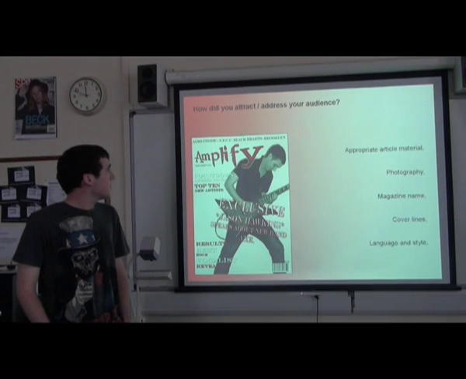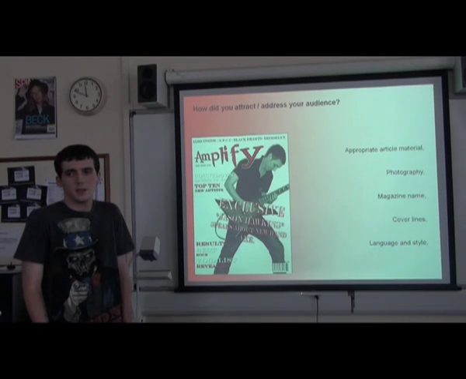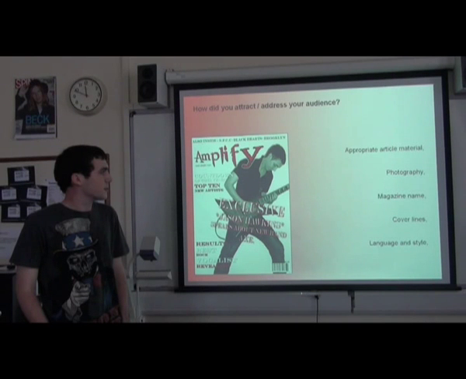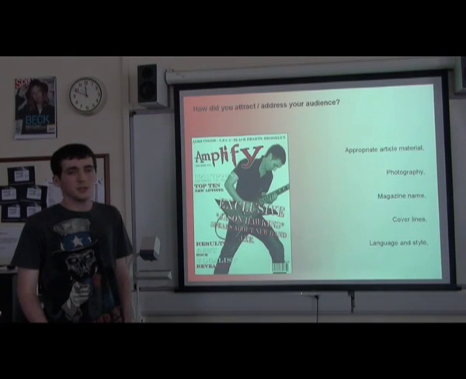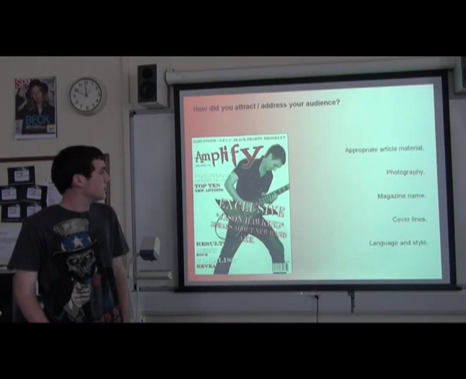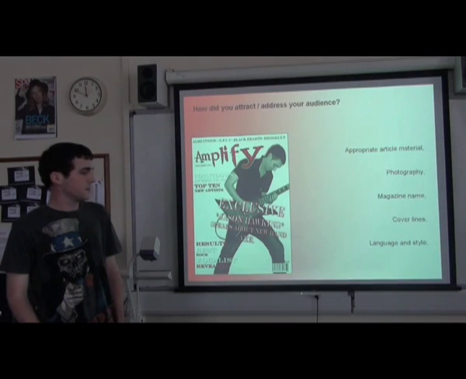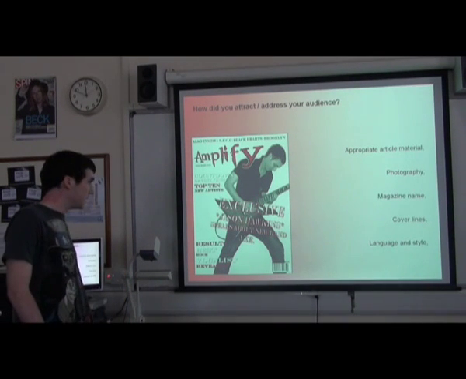The magazine name, Amplify, which is obviously an amplifier, which is a rock instrument, so cover lines as well. The stories have to be appropriate for the genre. And the language and style, I had to write my text and my stories in a way which would address my audience, that they would expect to be addressed.